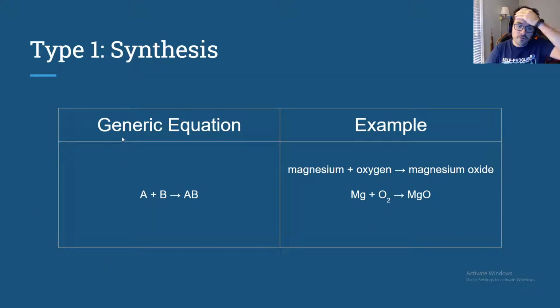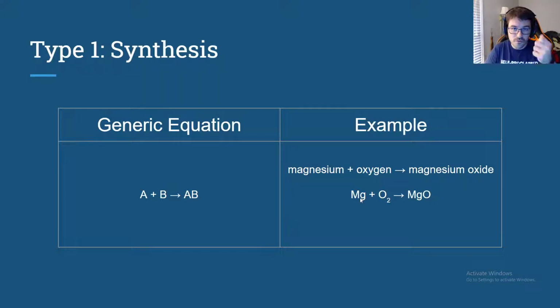So, the first type of reaction is called a synthesis reaction. This is where you have two or more separate chemicals that combine together into a single product. So you have two or more reactants that combine together into a single product. An example of this would be magnesium metal plus oxygen gas, making magnesium oxide.